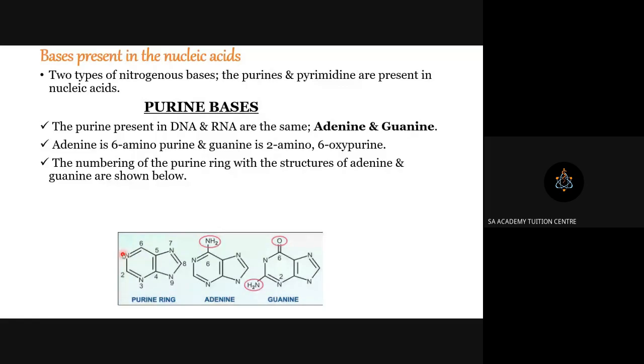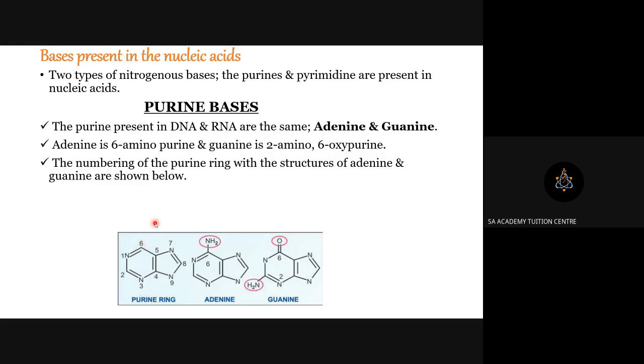For the pyrimidines, it's different; you're going to see it later. So this is number 1. This is not 2, this is 6. If you make a mistake, you will say this is 6 when it is not. So this is 1, 2, 3, 4, 5, 6. The importance of numbering them is that you want to know where the functional group is attached.